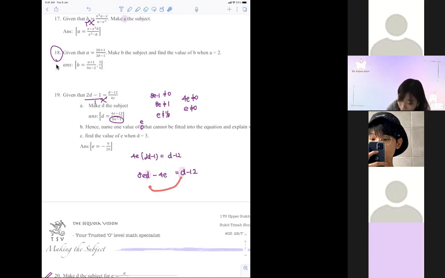So plus bring over minus, minus bring over plus. Okay, then you take out your subject. Then last step, bracket bring over. So be careful, when you factorize out D, it's 1, not 0.